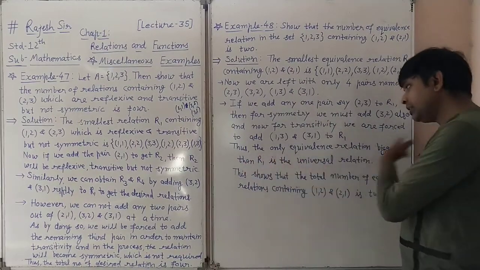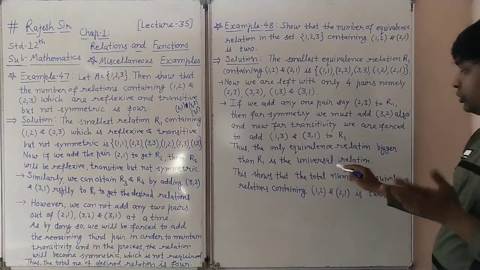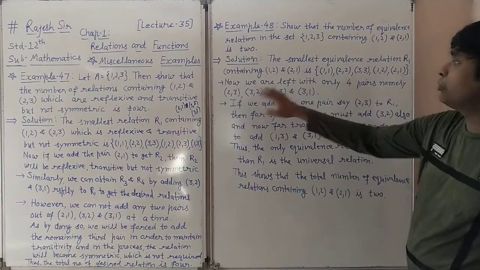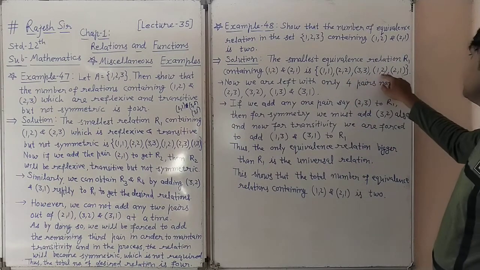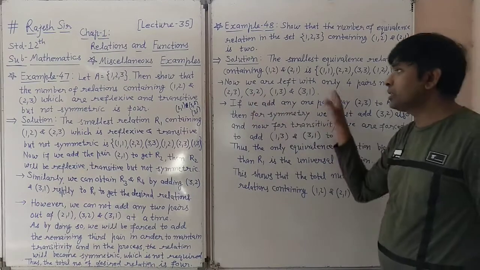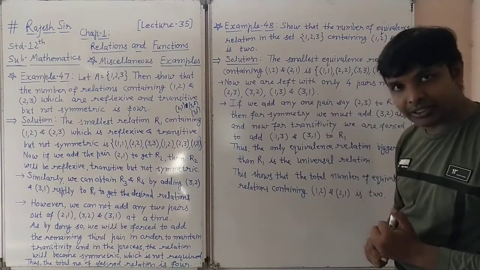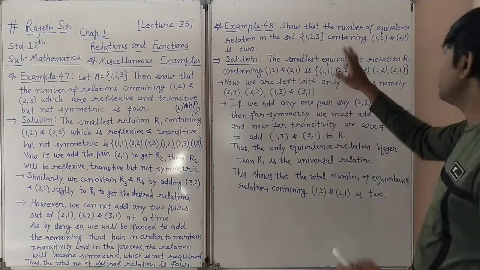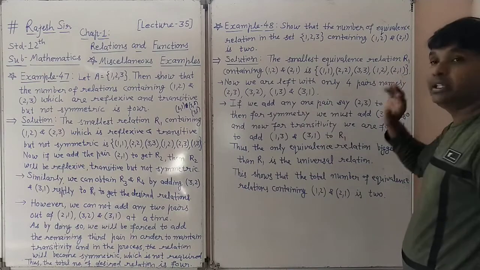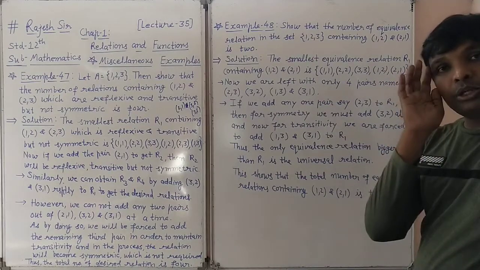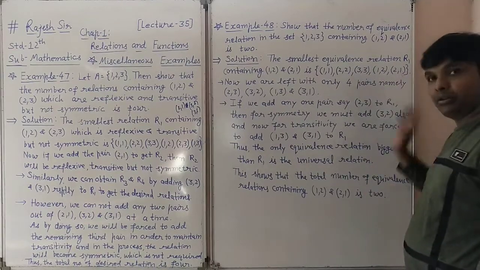Thus, the only equivalence relation bigger than R1 is the universal relation. Universal relation means all the left 4 pairs we have to add to the given relation. All the pairs it must have. Then only it will be the equivalence relation. So one is the smallest relation R1, and the second relation is possible only when you take all the remaining pairs in this R1.